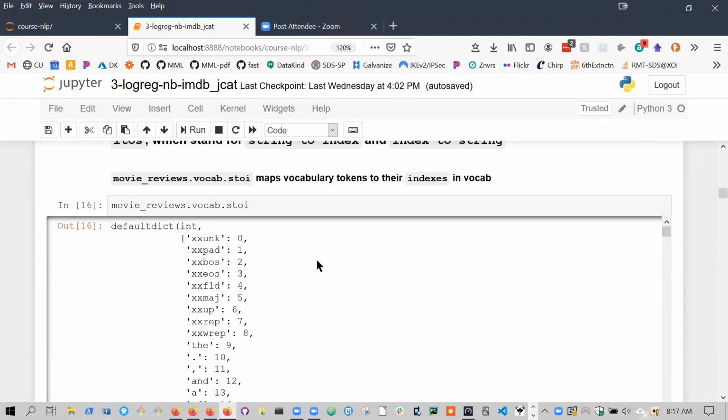So in the document term matrix, the columns correspond to these indices. The 0th column corresponds to the token XX unknown. The fourth column, index 4, corresponds to this. Column index 9 corresponds to the word the, right?